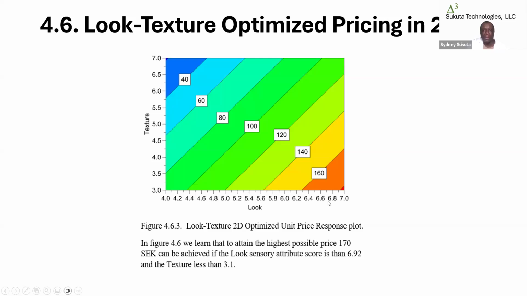And at that value, your look is around 6.9. Okay, so very interesting. So you see that here the texture has to decrease. So let's say this paper is really hard to tear up, so people may want it a bit softer.